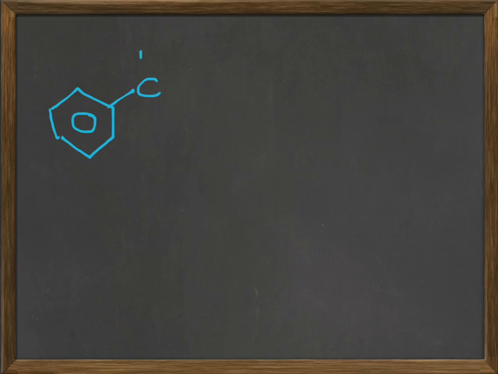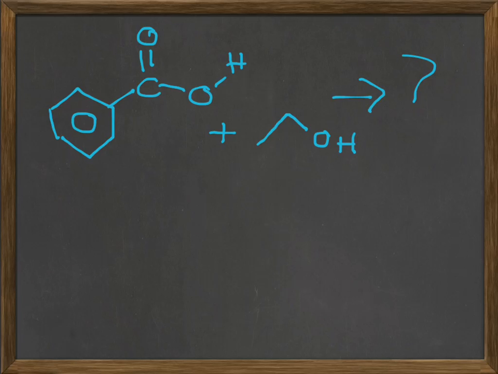Next reaction, let's have a look. Oh, that's benzoic acid coming up on your screen. What's going to happen when we react that with an alcohol? So have a think, what's that going to make? All right. Well, when you have an alcohol and a carboxylic acid, you make an ester.